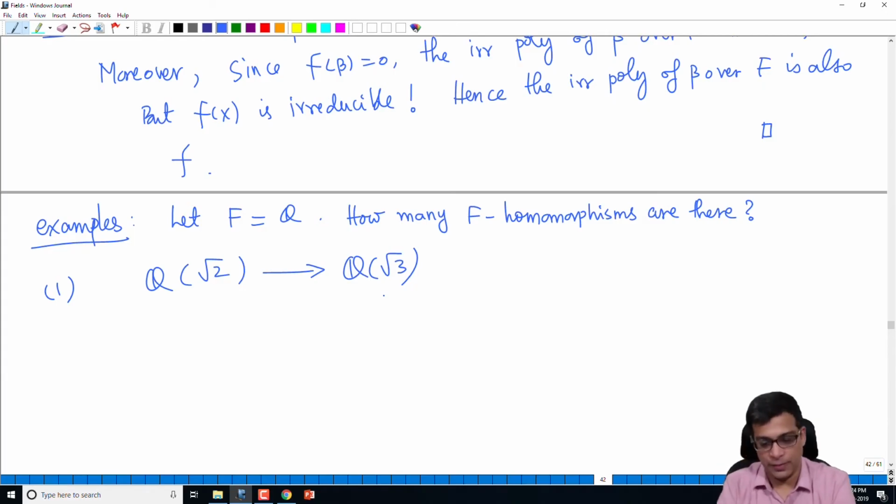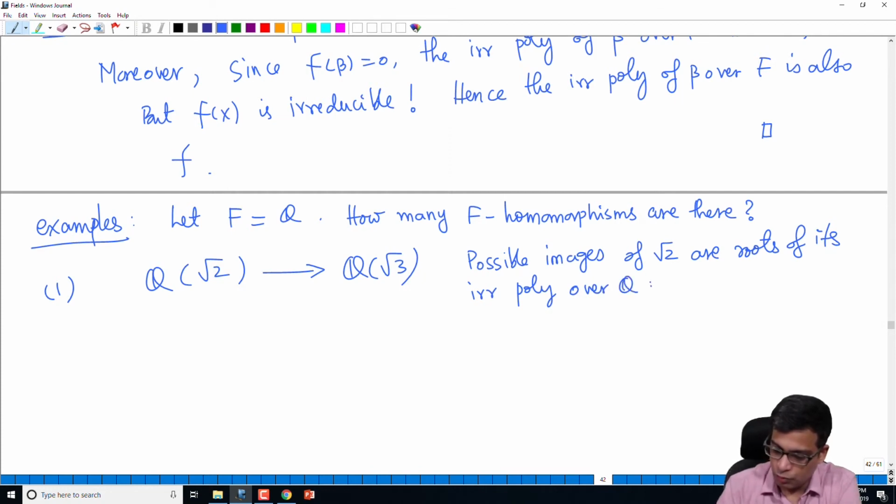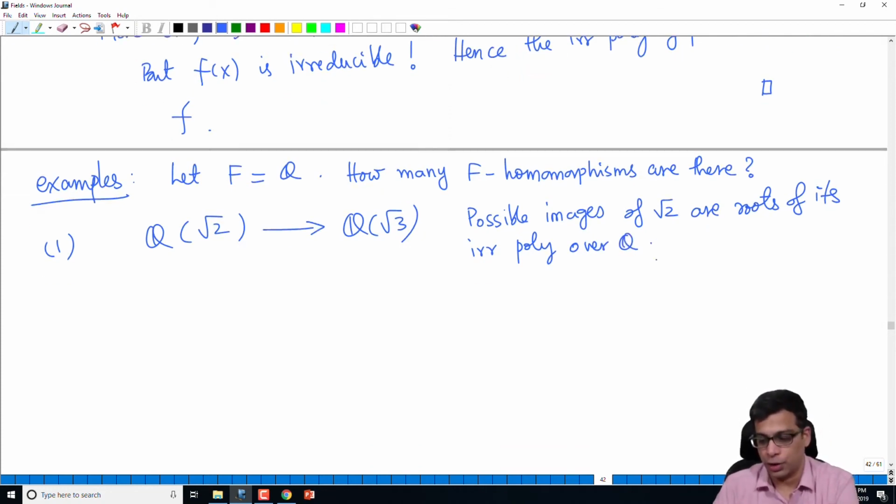Root 2 can go to something. The possible images of root 2 are roots of its irreducible polynomial. Remember, root 2 is algebraic, so we can apply the previous proposition. What is the irreducible polynomial of root 2 over Q?